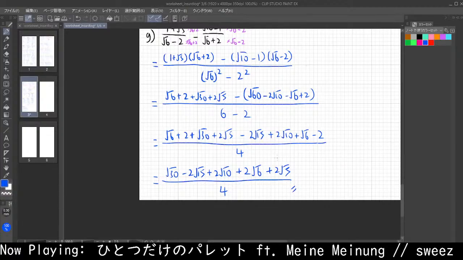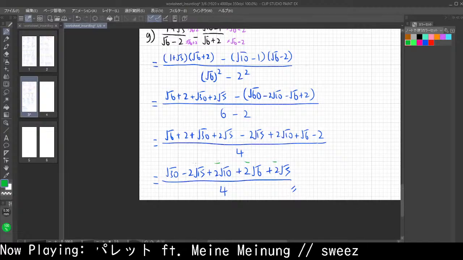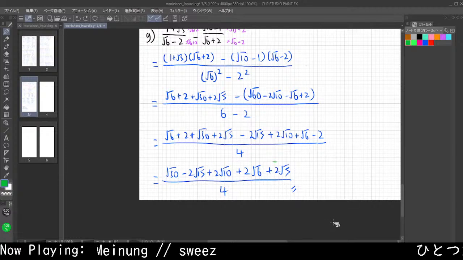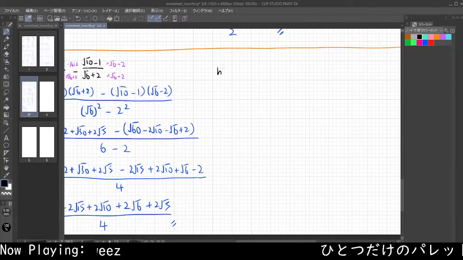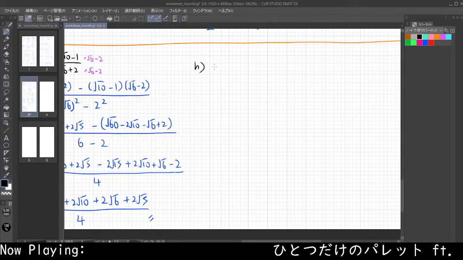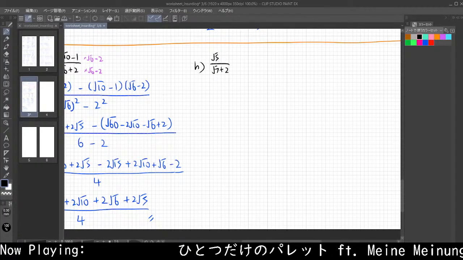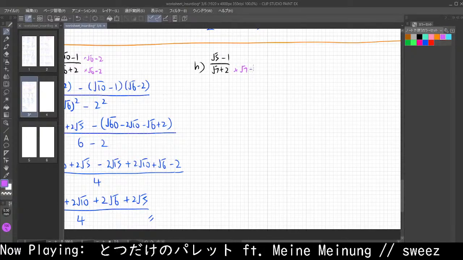Because you have 2, 2, 2, 2, but this 30 doesn't have a 2, so you can't do anything about it. Part H, you have to do it separately no matter what. So the first thing you multiply by the negative counterpart.